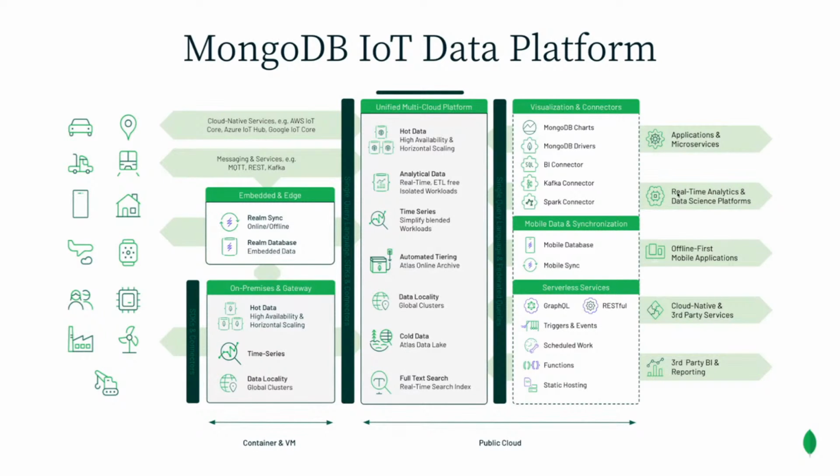And similarly, we also have additional serverless services that can help you with these kinds of integrations. So it's things like change streams, where if there is a change in MongoDB, we can trigger a function, which is a serverless function in Atlas. We have GraphQL. We have a REST data API that you can use to access your data. So there is a lot of flexibility in building on top of Mongo, especially with these kinds of services.